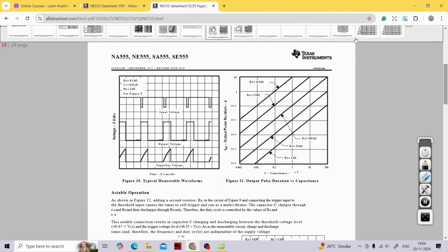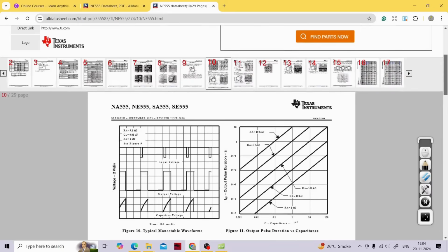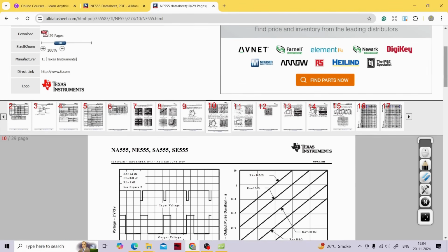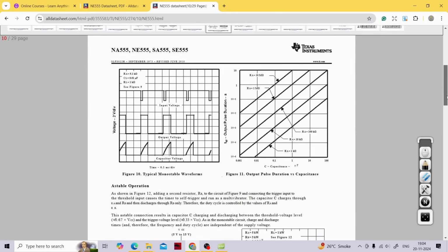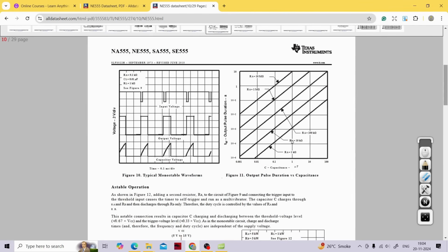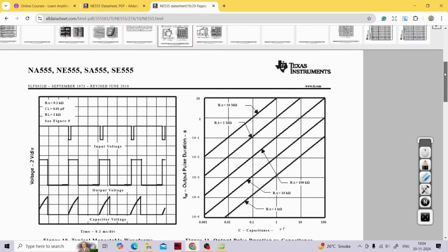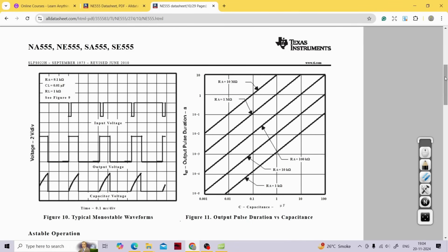Let me see if I can zoom in on this graph. Over here I'm not getting a sign for zooming, so let me do it with my mouse. Yes, of course I can do that. Now you just focus on this graph.